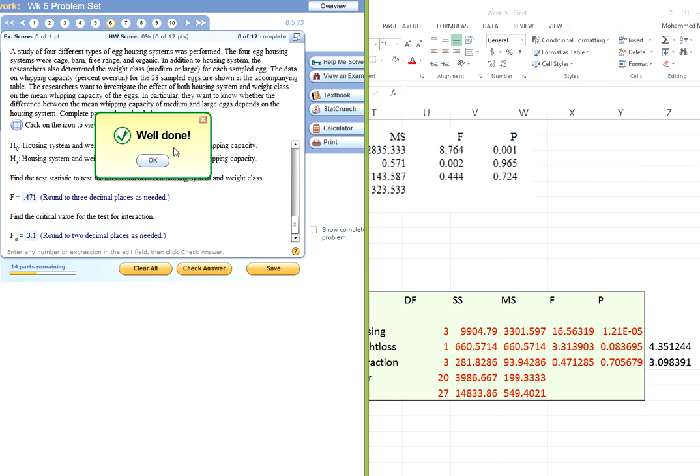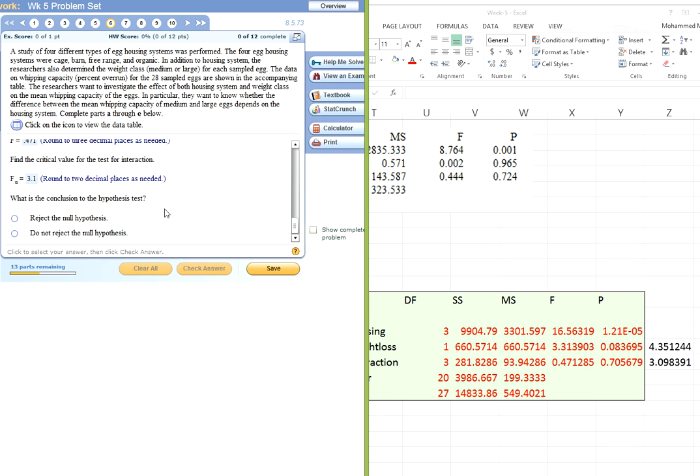Check answer, yes. What is the conclusion? Reject the null hypothesis or do not reject the null hypothesis. You can see the F value is smaller than the critical value, so you do not reject the null hypothesis.